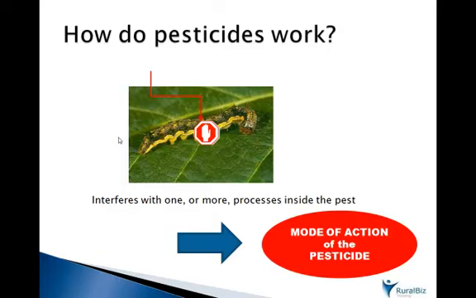Pesticides that kill pests in the same way are grouped together in mode of action groups. We'll talk more about mode of action groups later, but for now just remember that pesticides in the same mode of action group all control pests in the same way.